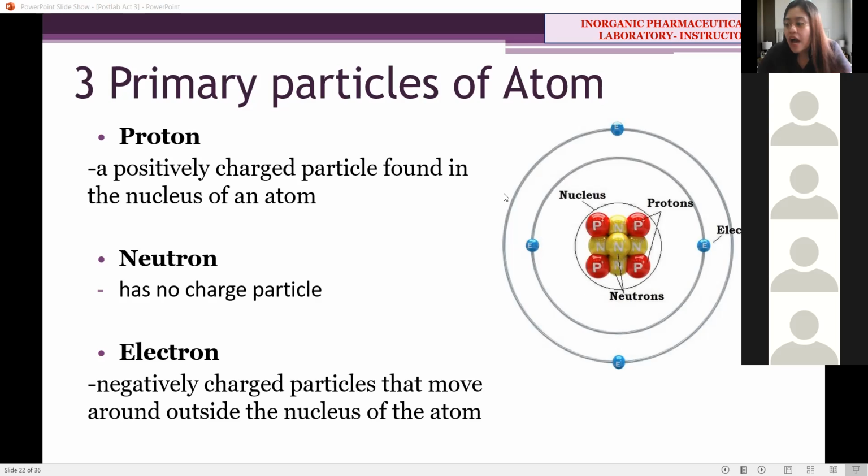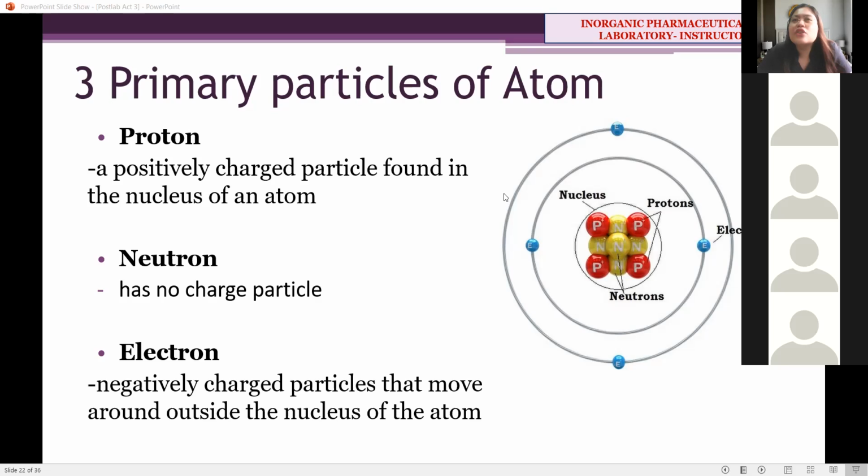So again, these two are found in the nucleus. And then lastly, the third one, the negatively charged particles are the electrons, and they are found outside the nucleus. They are surrounding the nucleus, class. They are found in the energy shells. That is where we find the electrons.